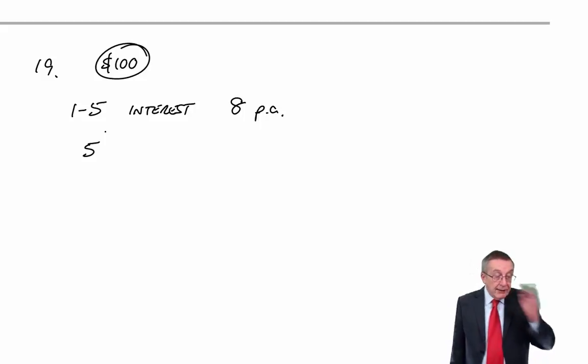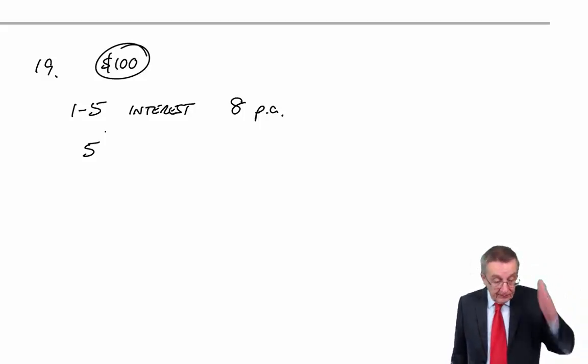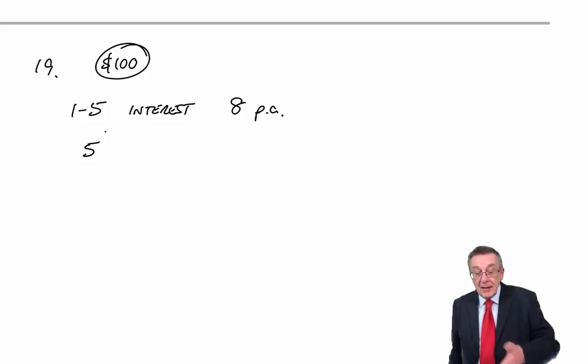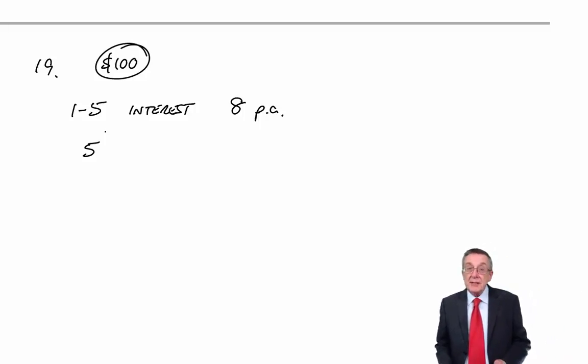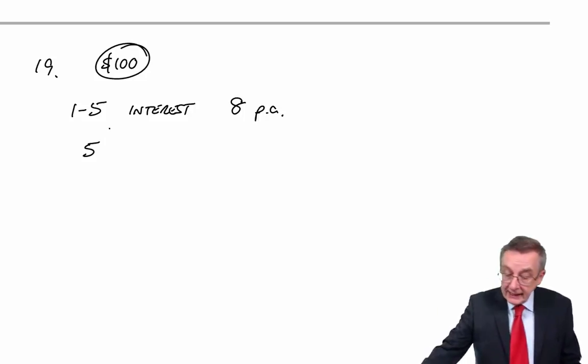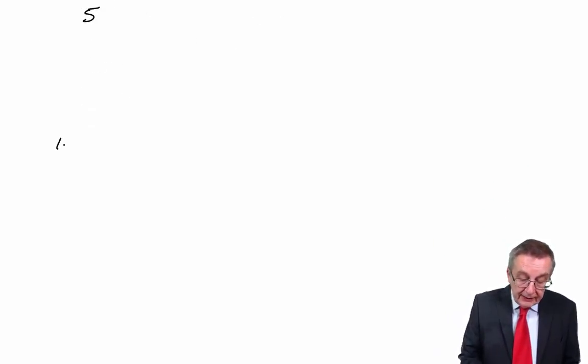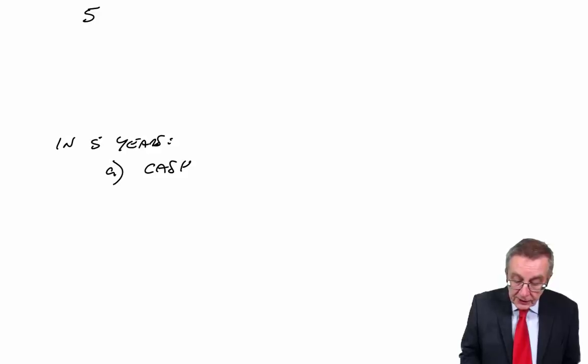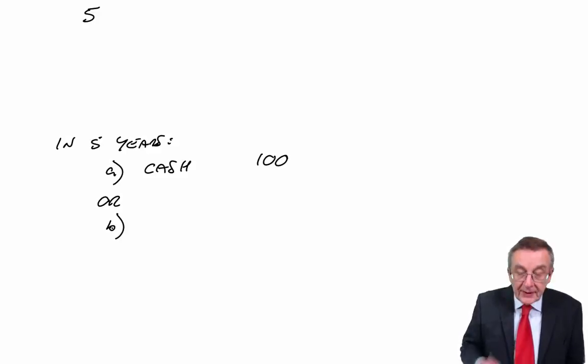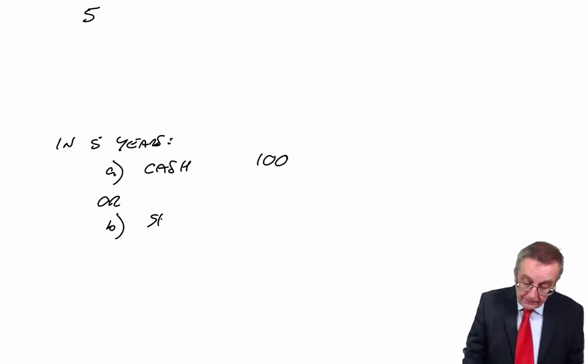Well, although they won't make that decision until 5 years from now, today's market value will depend on what decision they expect they'll make. And so I'll come back to that in a moment. But in 5 years, they have the choice of taking cash of 100, or they could take shares.